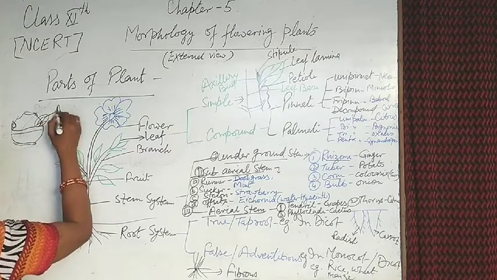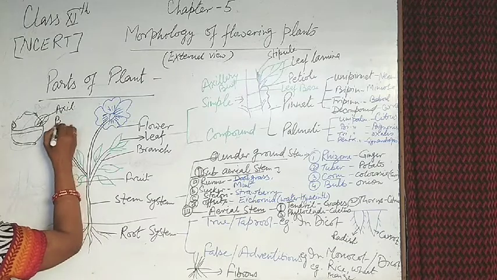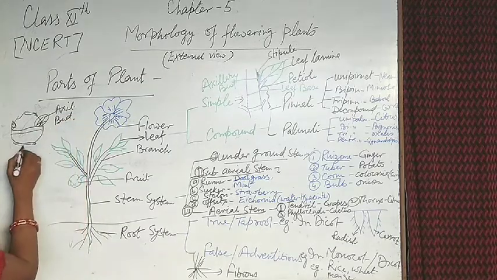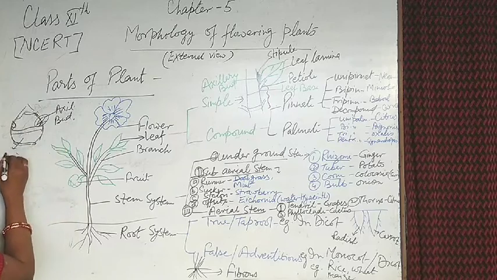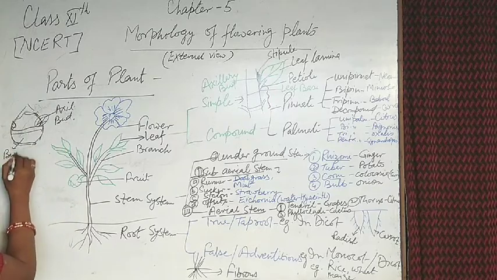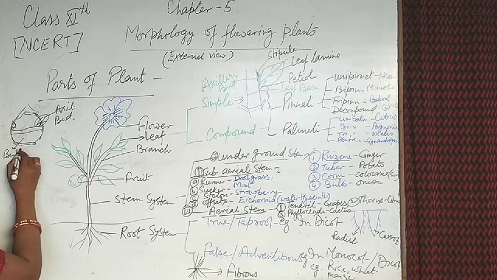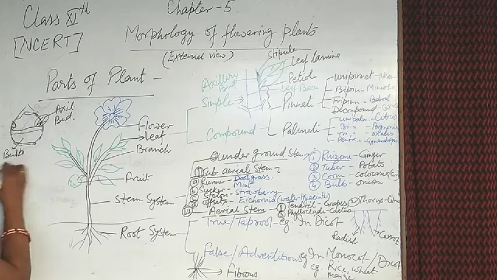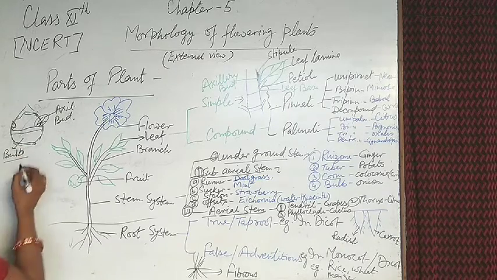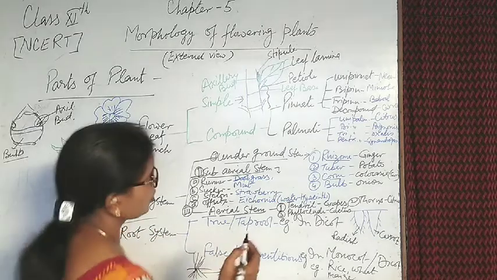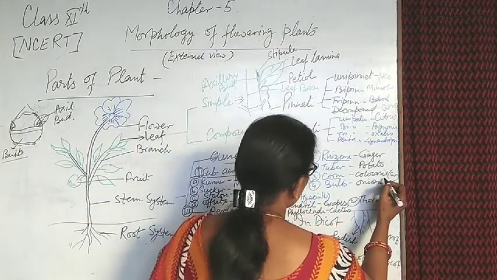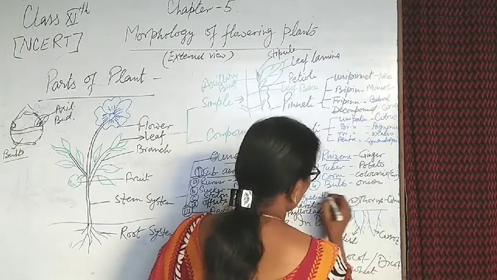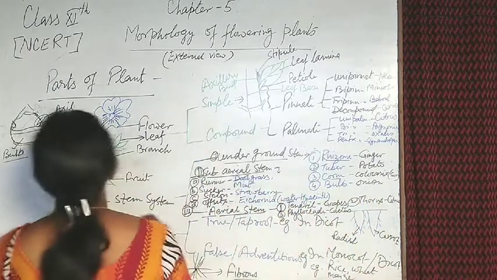Colocasia, arvi, is the best example of corm. And the fourth one is onion.